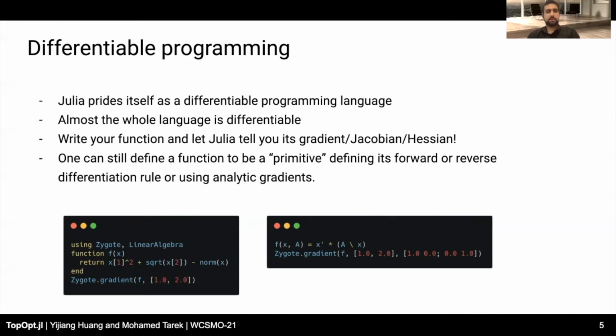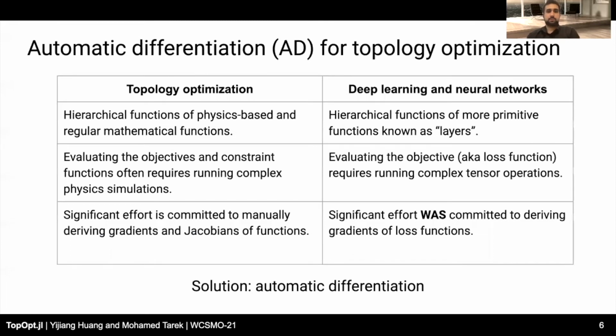And so you can rely on automatic differentiation, or for efficiency, if you want, you can also define analytic gradients and compose them with other analytic gradients or analytic adjoint rules for other functions. And so automatic differentiation for topology optimization, the way I see it, is probably going to be a significant part of topology optimization in the next decade or so.